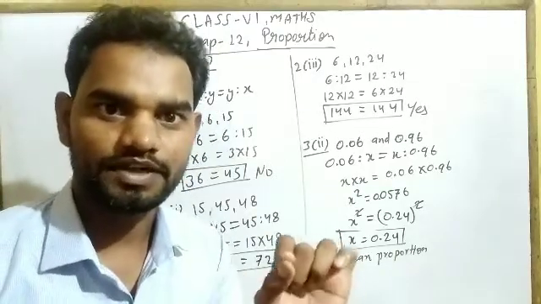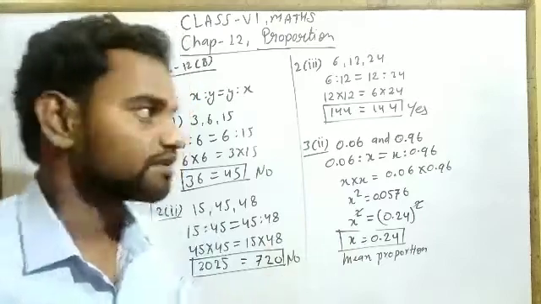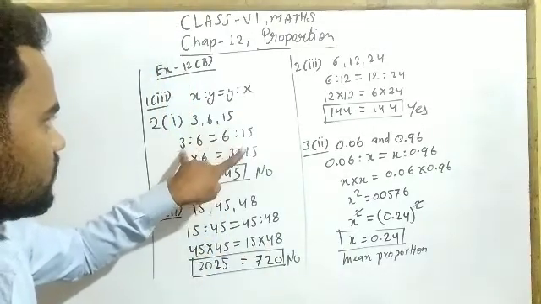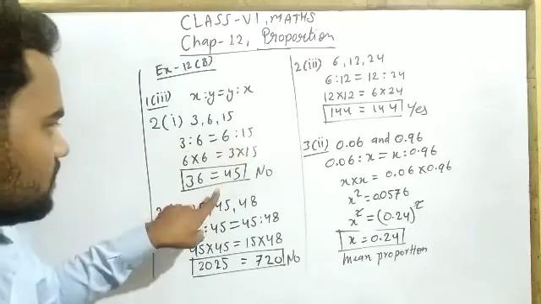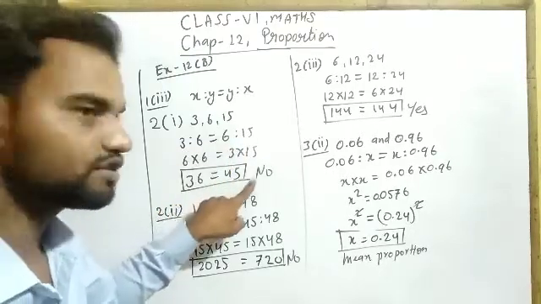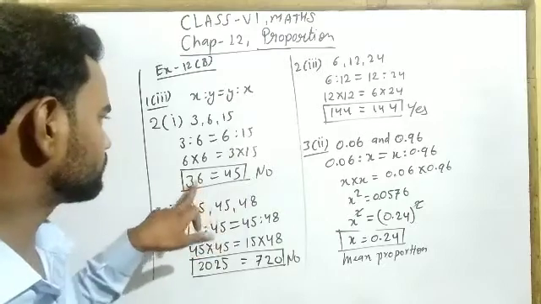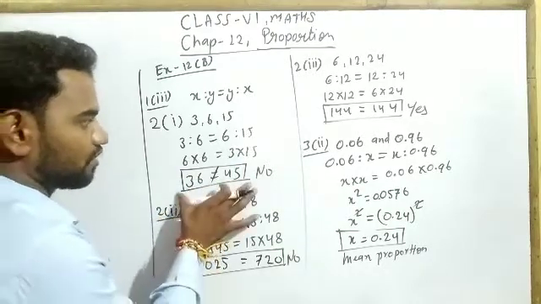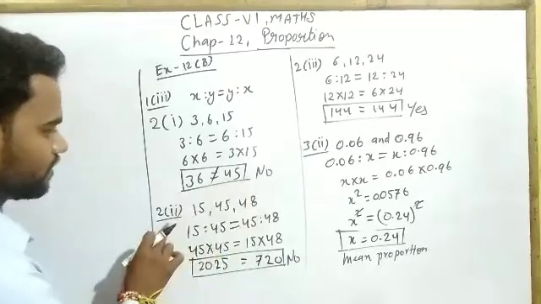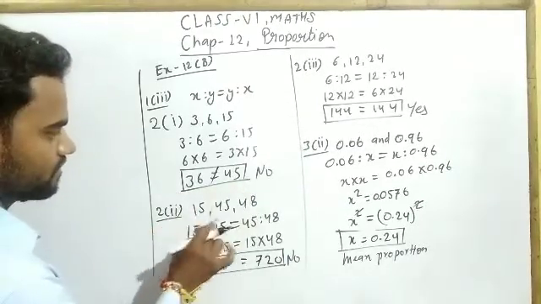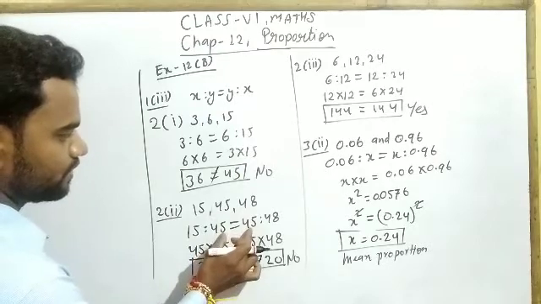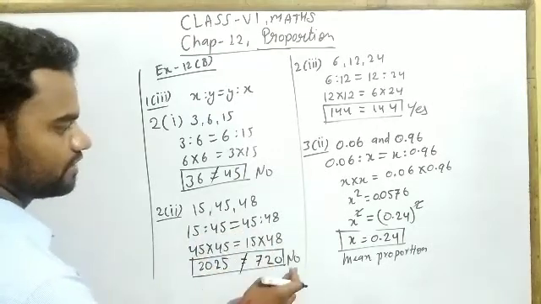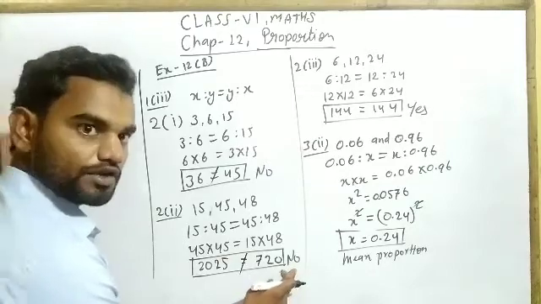So we will repeat the middle term and then check if the product of means is equal to the product of extremes, then yes, otherwise no. Here the product of means is not equal to the product of extremes, so we can say they are not in continued proportion. In point 2, the middle term will be repeated. The product of means and the product of extremes are not equal, so they are not in continued proportion.